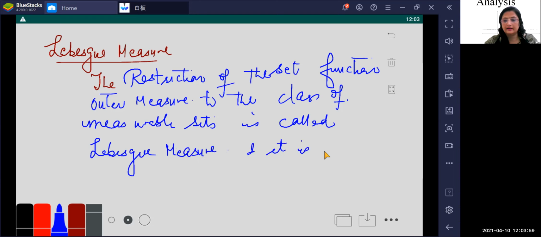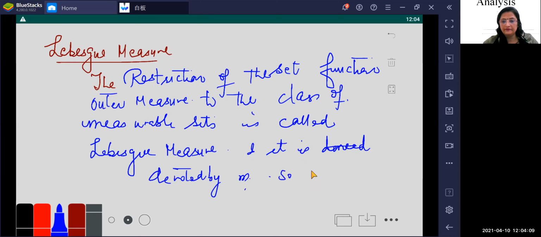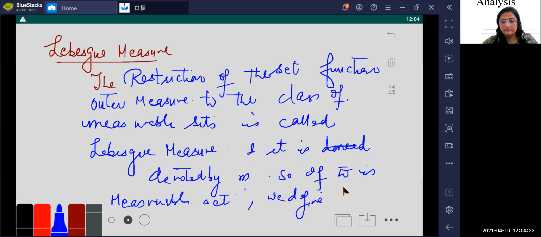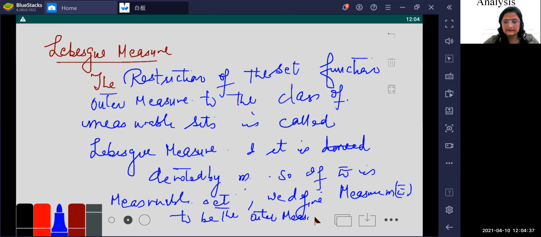And it is denoted by small m. So if E is a measurable set, then we define the measure m of E to be the outer measure of E. That is, the Lebesgue measure of E is equal to the outer measure of E.